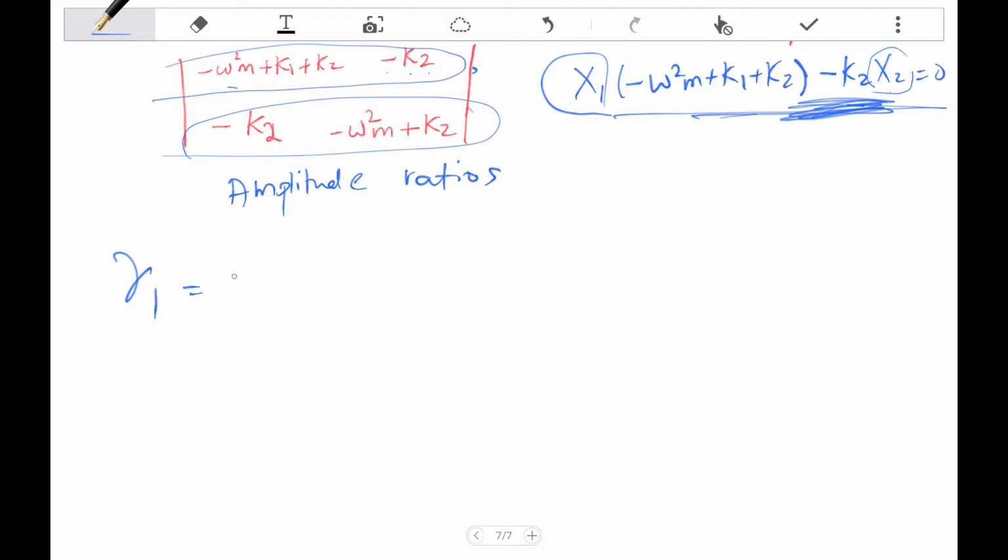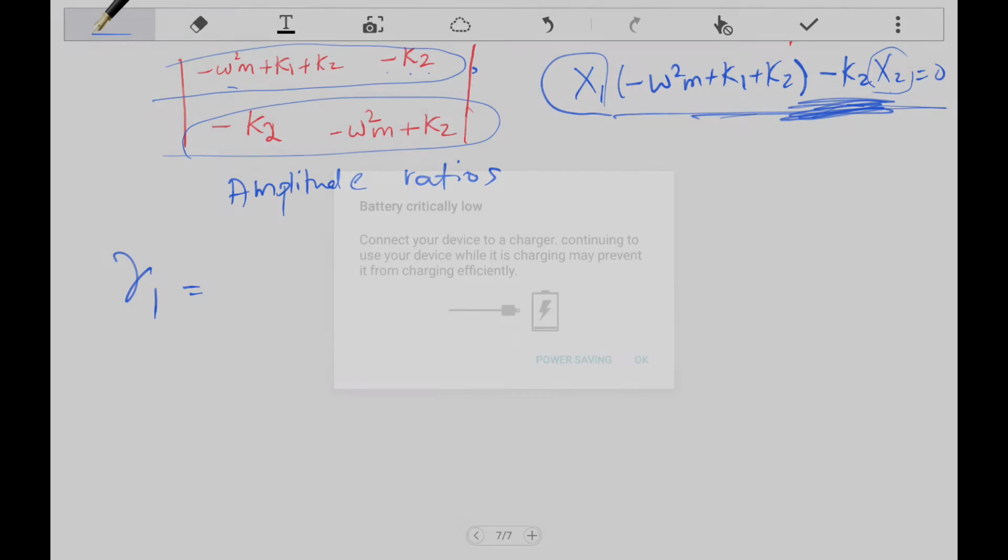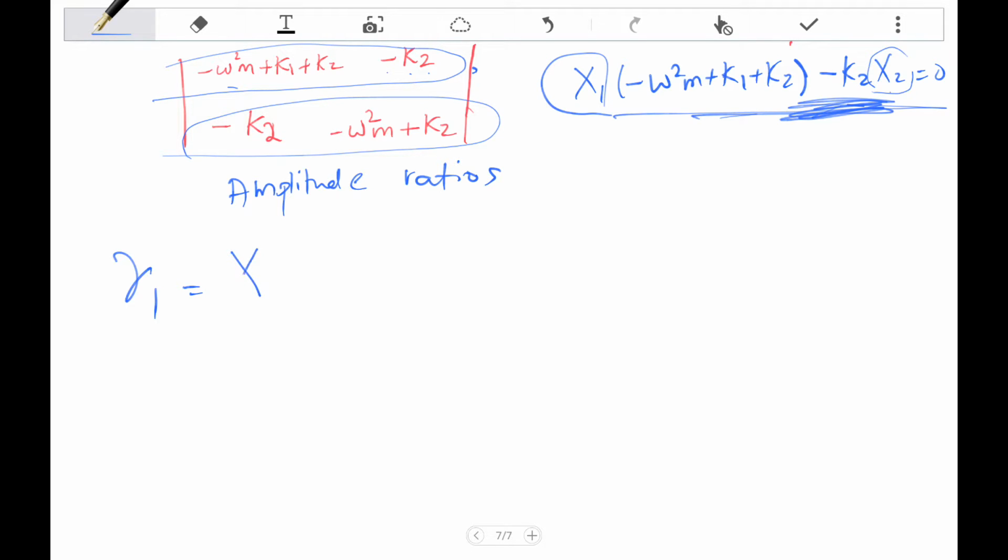If you do that, you'll end up with this equation right here, and that's x2 over x1. And then we're going to denote that this is for system number 1 by using this superscript in parentheses, denoting the number 1. This is system 1.